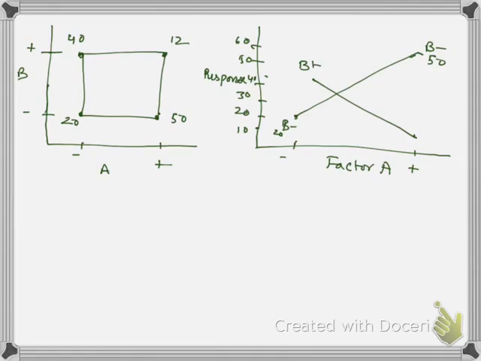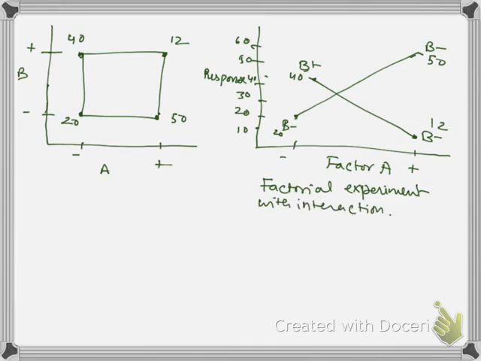That's B plus, 40 and 12. So this is an example of a factorial experiment with interaction. Because the lines are intersecting, it indicates an interaction between factor A and B.